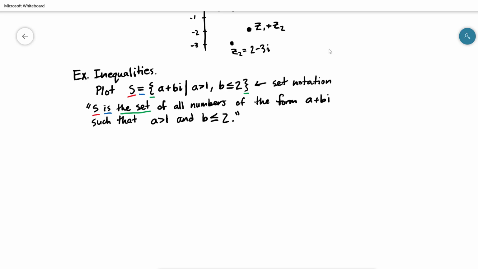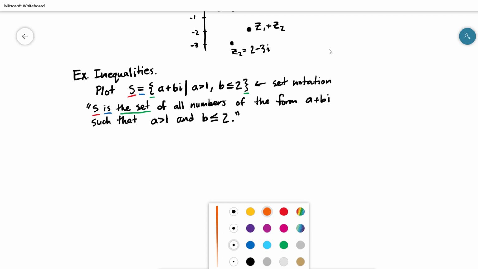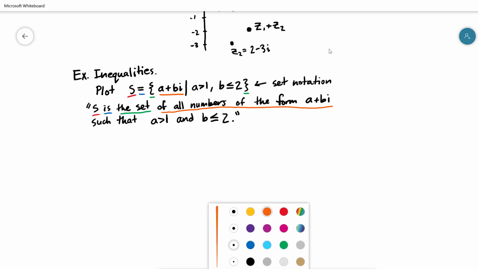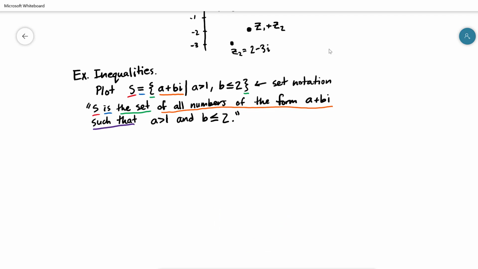Let's see if I've got other colors here. Do an orange one. So here's all numbers of the form a plus bi. Let's see what other colors. Purple, such that, that's what this symbol right here means.